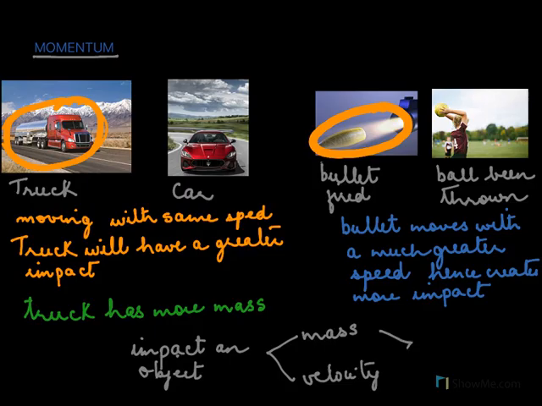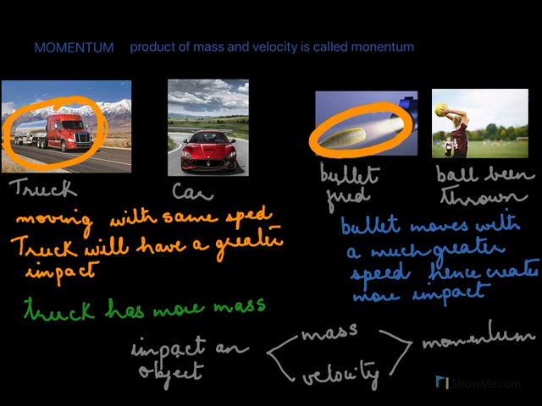And the product of mass and velocity is called momentum. So now we can go ahead and define momentum. Momentum is the product of mass and velocity. Now we can say momentum equals the mass of the body times its velocity.